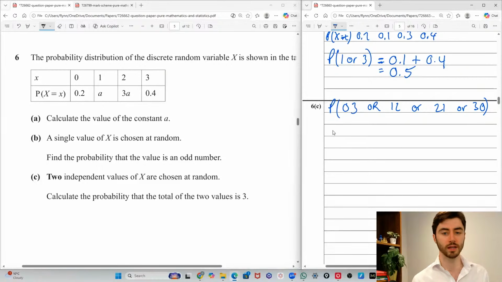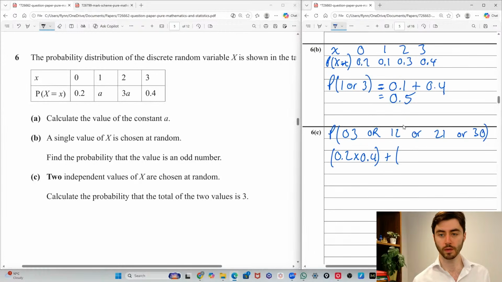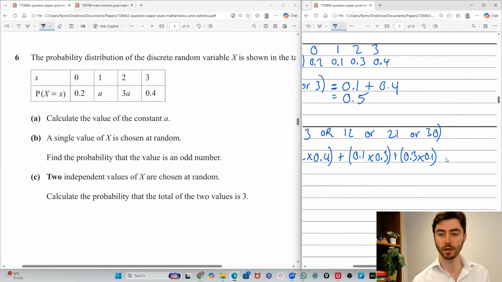So in other words, it is 0 and 3, or it is 1 and 2, or it is 2 and 1, or it is 3 and 0.